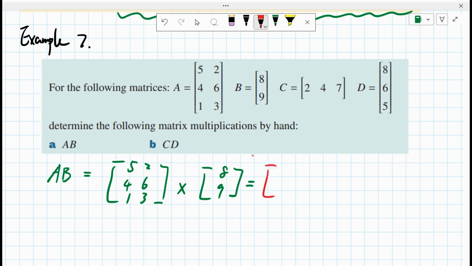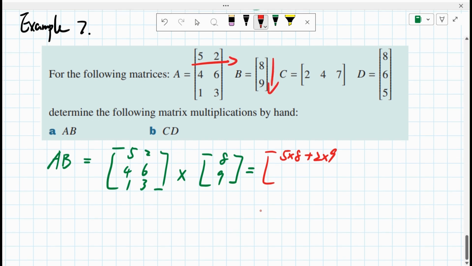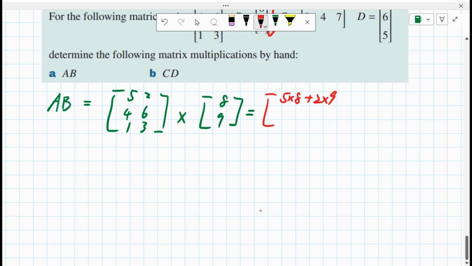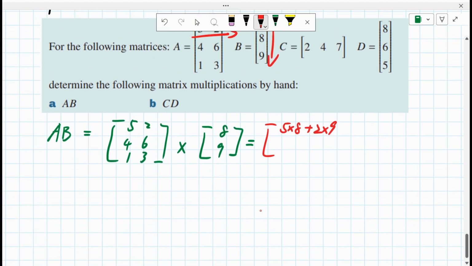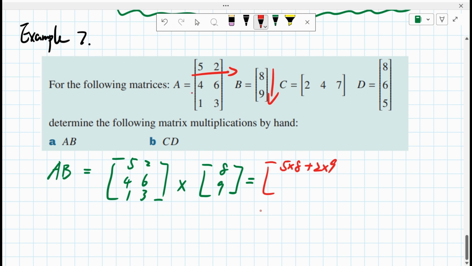So it is 5 times 8 plus 2 times 9. That's the first one. Then the second one: 4 times 8 plus 6 times 9. And the third one: 1 times 8 plus 3 times 9.